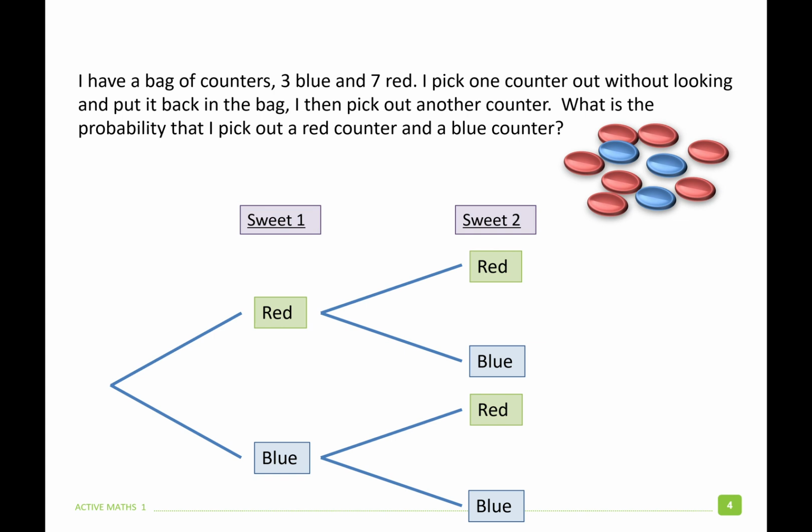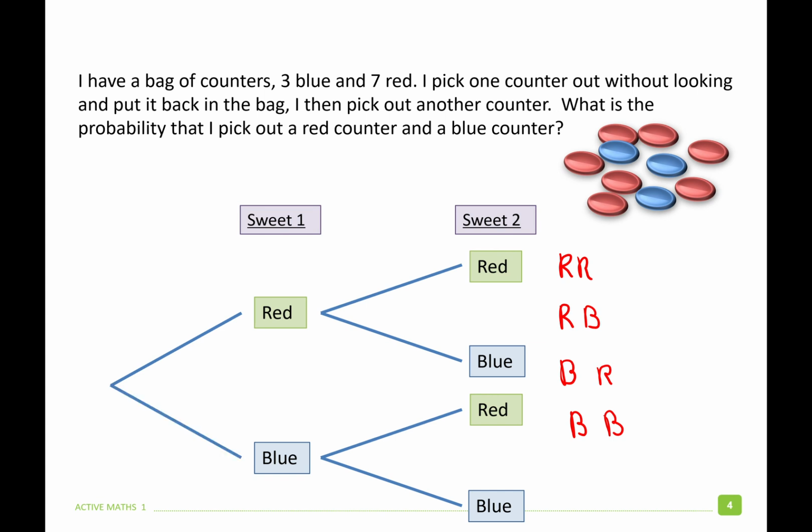All of my possible outcomes are red and red, or red and blue, or blue and red, or blue and blue. The branches represent our possible outcomes. Our first branch represents our first event, and our second branch represents our second event.